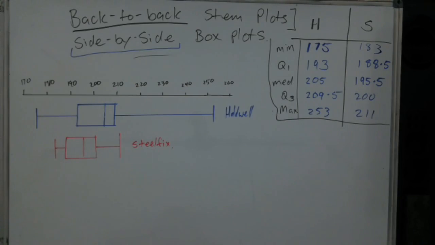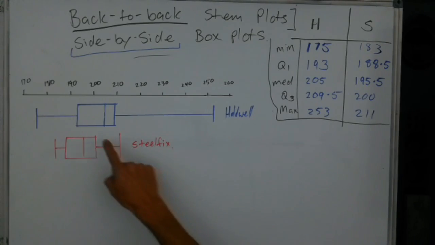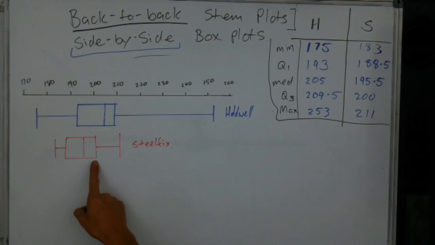In your opinion, which is the better nail for strength and why? Well, that's sort of an opinion-based thing, but I would say, if we're talking about strength, maybe Holdwell is better, because their median strength is better than Steel Fix's top 75%.